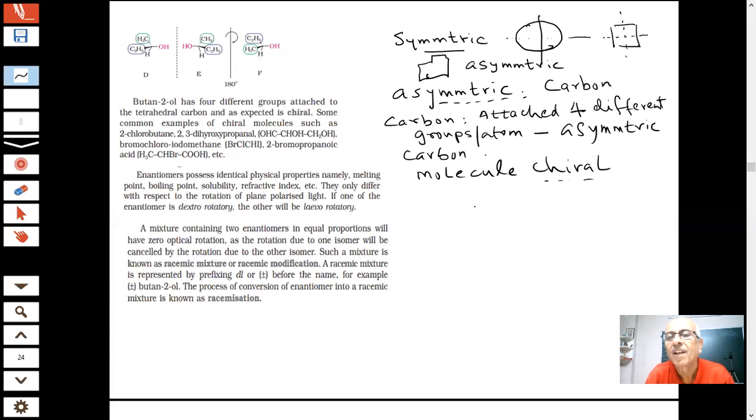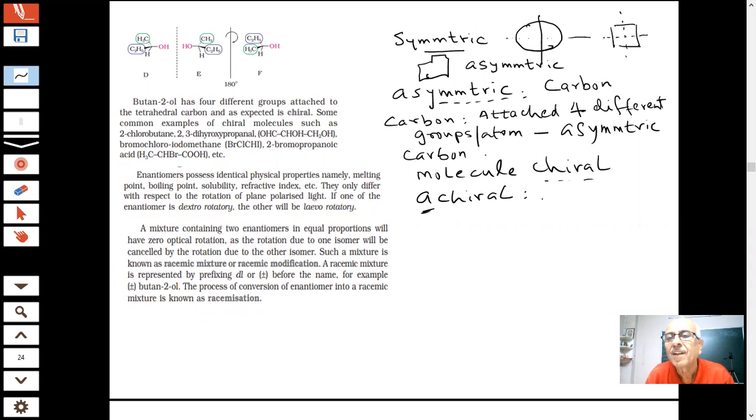And if all the four groups are not different, then the molecule will become achiral. Chiral means four different groups. Achiral means it does not have all the groups different. So if two groups are the same or more than two groups are the same, that molecule becomes achiral.